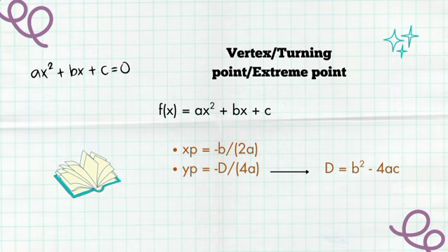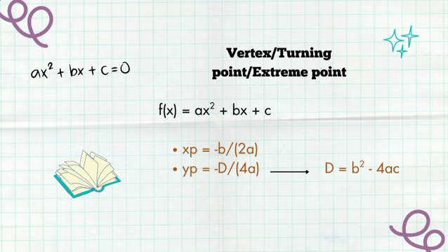The x coordinate of the vertex can be found using the formula xP equals negative b divided by 2 times a.